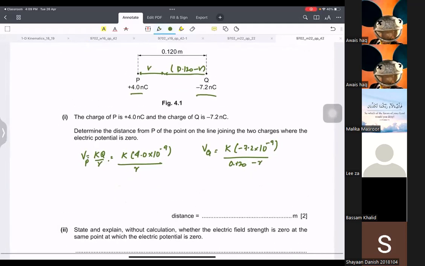It says the potential Vp plus Vq should be actually equal to 0. So we're going to add it.